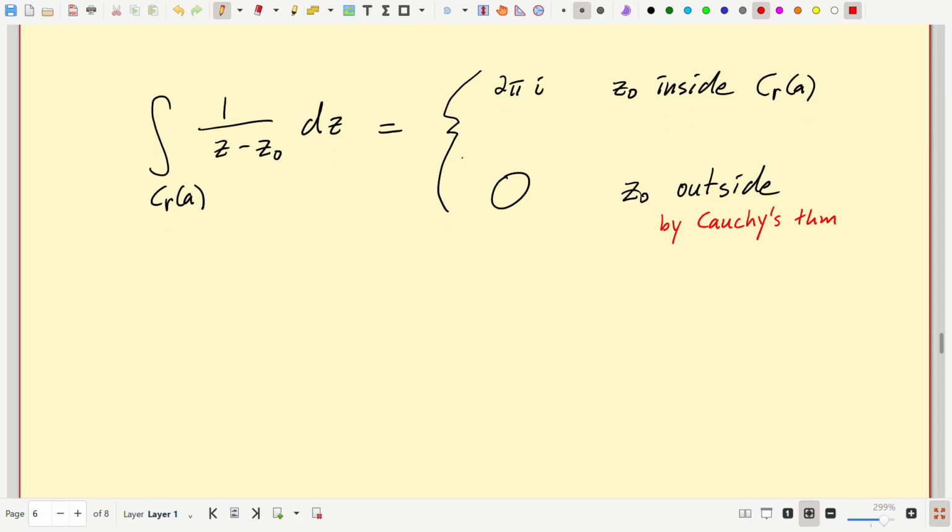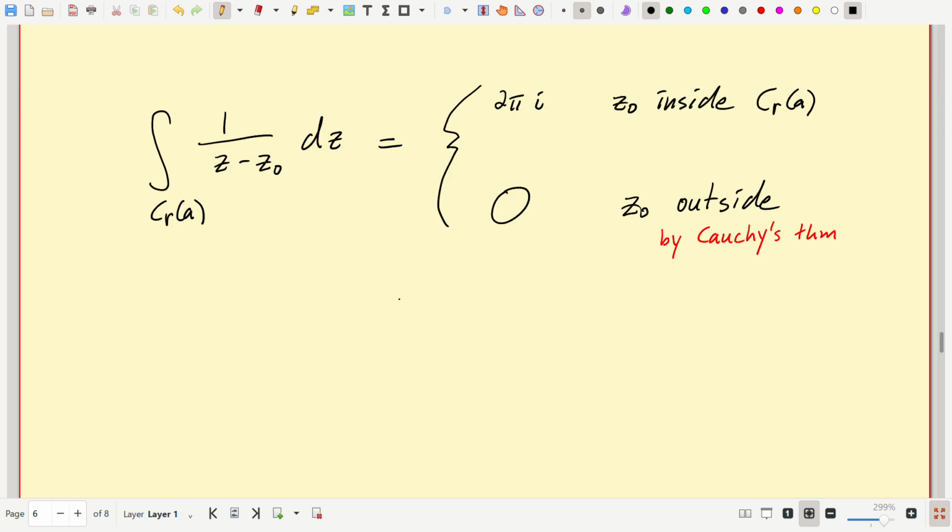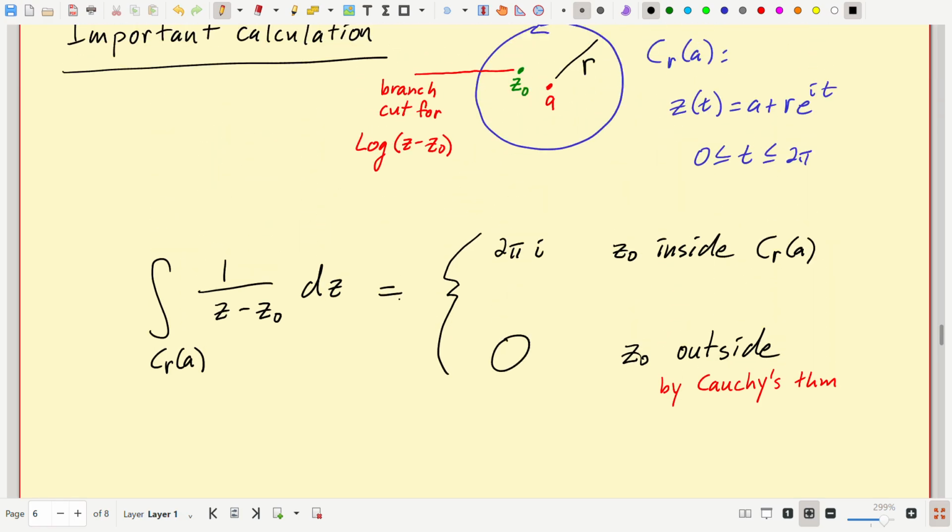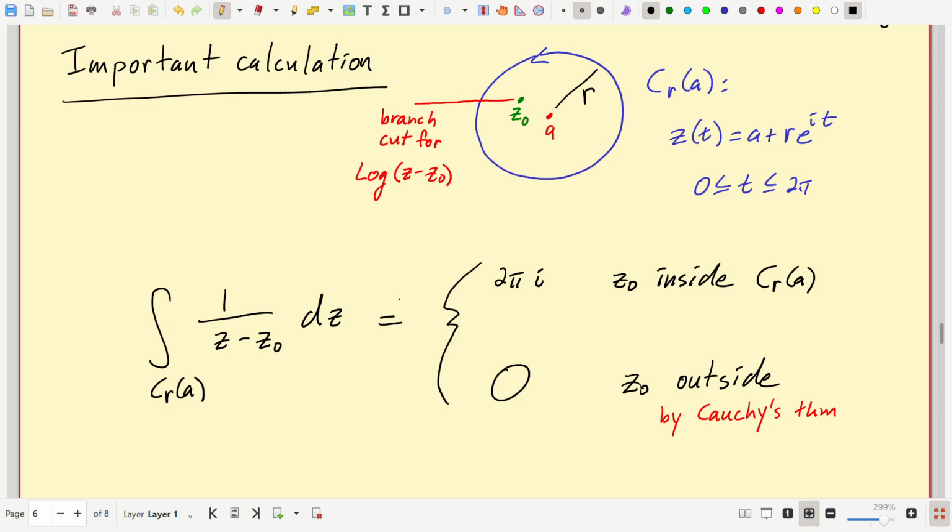Okay, so this integral is going to be by the fundamental... Let's see. I'm going to run out of time. Maybe I'll just sketch this and then do it carefully next time. I'm going to start my curve instead of doing it from 0. I'm going to start right here.